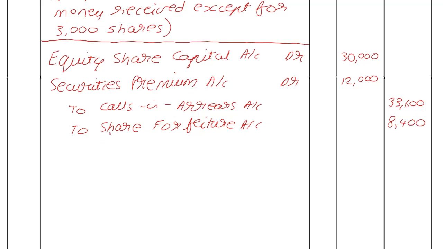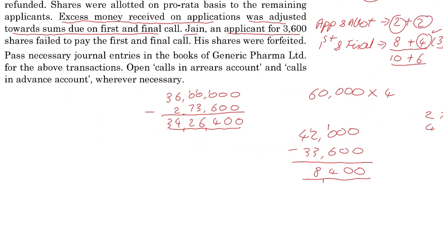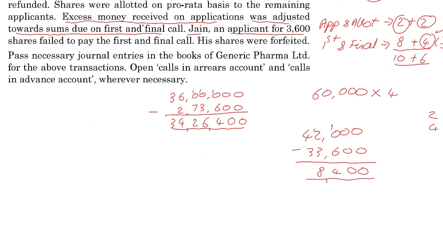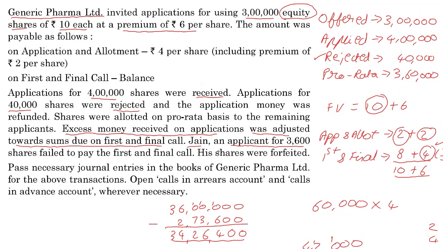We do not have to reissue these shares. Nothing like that is mentioned in the question. And I'm just checking one more time if there is. All right, they are telling us that his shares were forfeited, and that's it. They specifically told us to open calls in arrears and calls in advance account, which we have done.